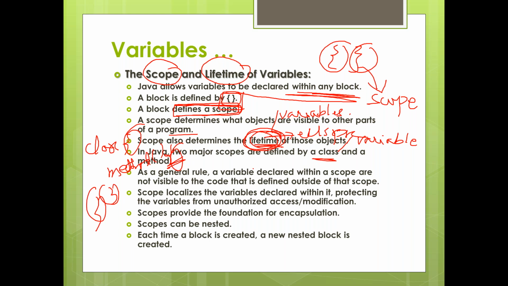One of the important rules that we need to remember about variable scope is this part. This is very, very important.